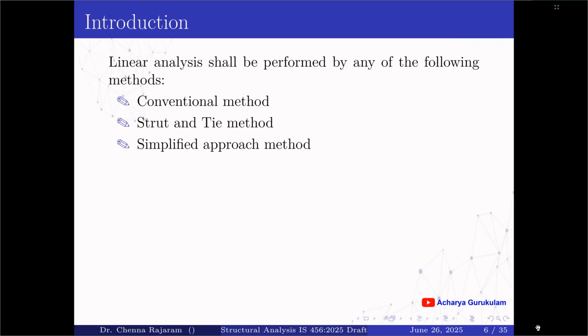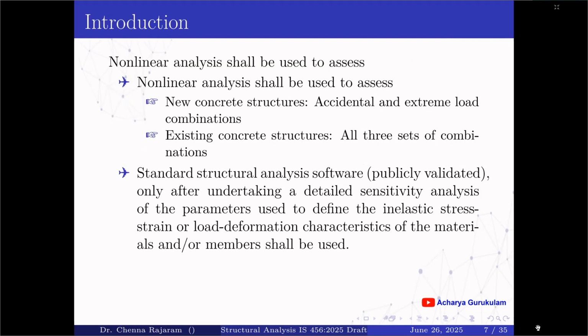Number 1, conventional methods. 2, strut and tie methods. 3, simplified approach method. Nonlinear analysis shall be used to assess new structures, considering accidental and extreme load combinations. For existing concrete structures, all three sets of combinations, that is basic, accidental, and extreme loading combinations, have to be considered.